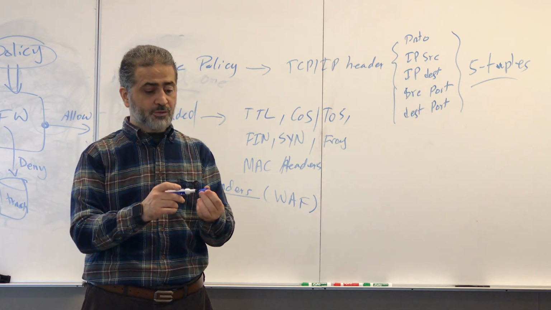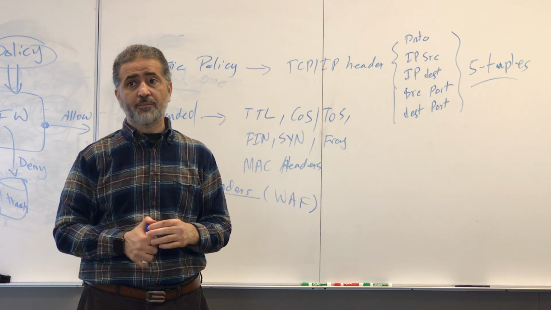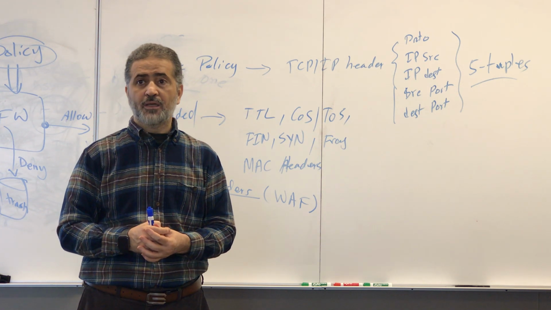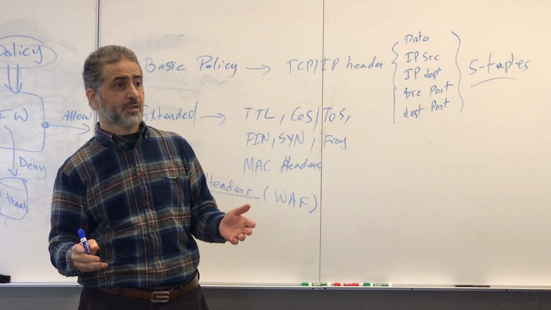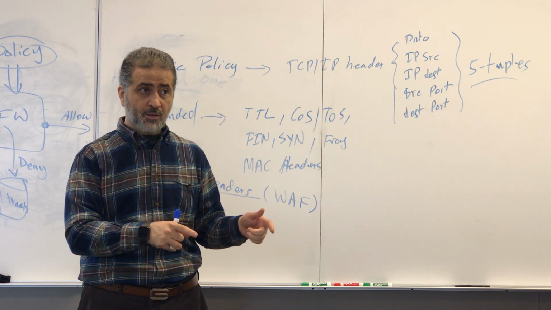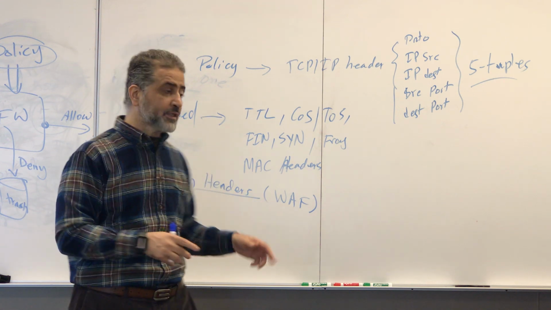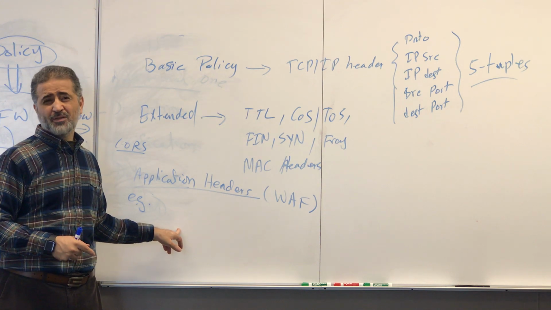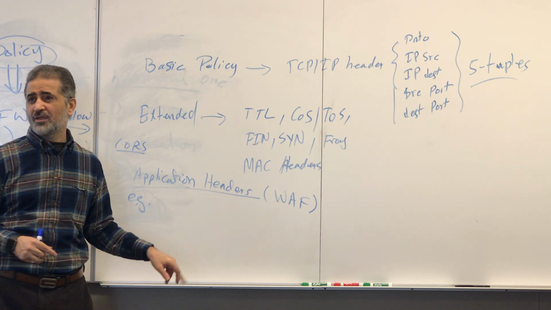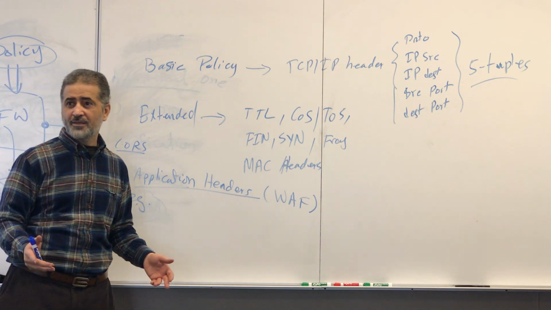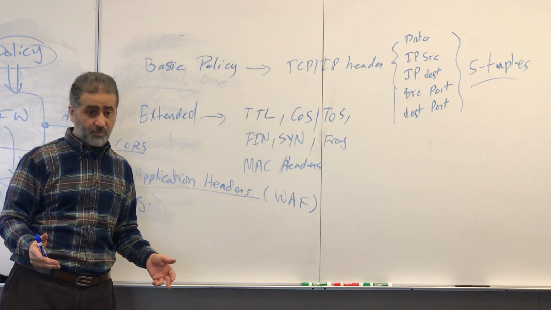If you say, look, I don't want my employees to go to a specific web page, not a specific domain but a specific web page in a domain, you can filter this only in an application level firewall by saying, okay, they can go to CNN, but they should not go to the CNN financial page. If you block the GET request for that page, they will not be able to get there.